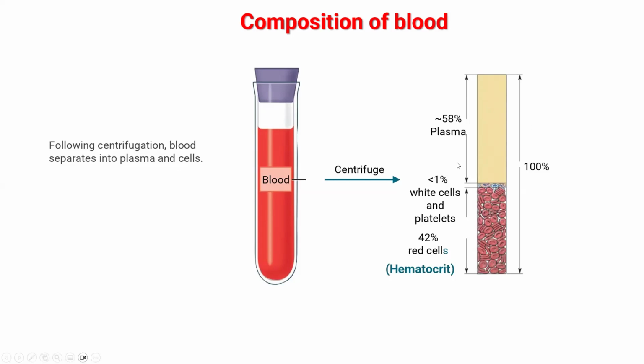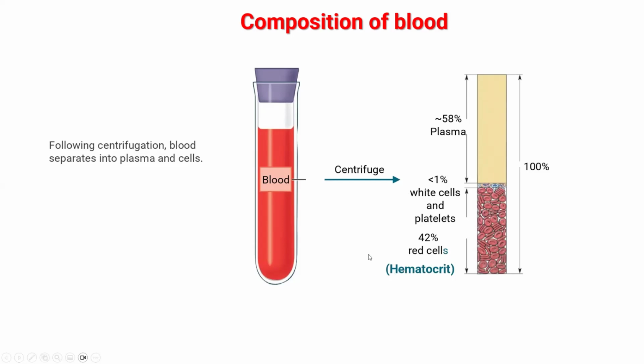What they will find is that 58% of our blood is composed of plasma, 42% is mainly red cells, and less than 1% is white blood cells and platelets.